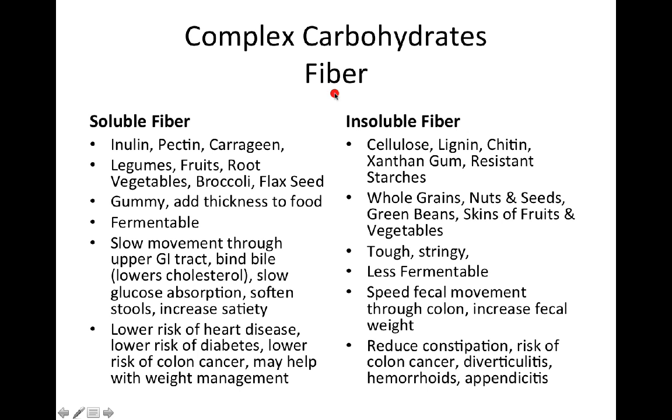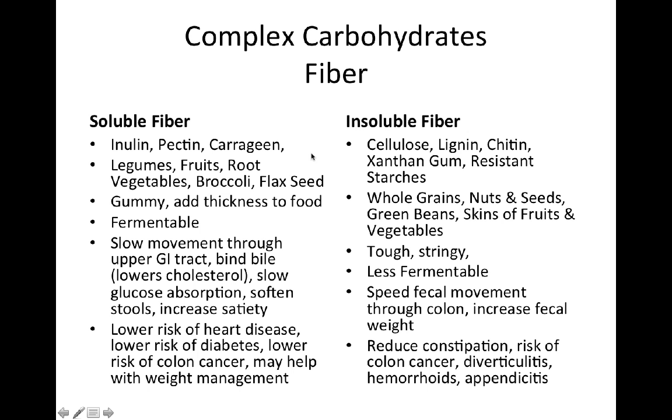The fibers really are differentiated in a number of ways. They're either non-digestible or hard to digest carbohydrates that our bodies can't break down. There's two types, the soluble fiber and the insoluble fiber, also known as the viscous and the non-viscous fiber.